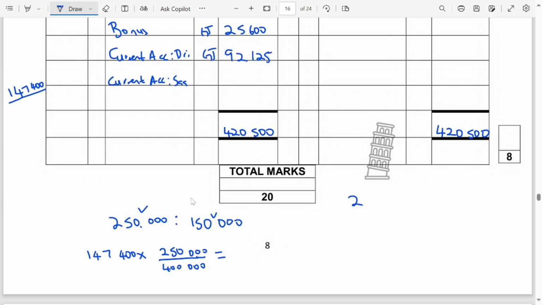Then for Seaman, it's going to be 147,400 multiplied by 150 over 400. That is equal to 55,275. So the one for Seaman is going to go to the current account of Seaman.